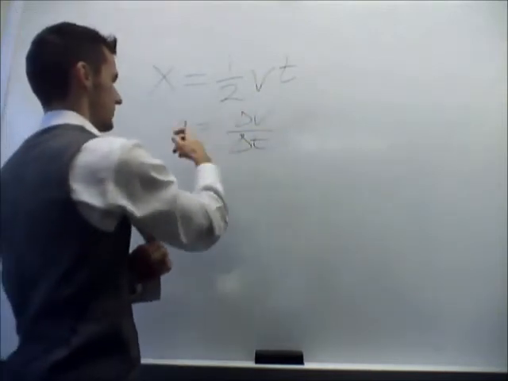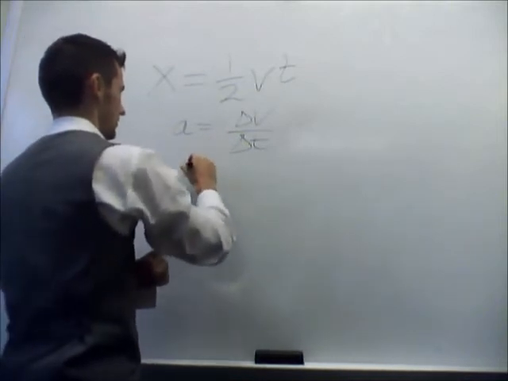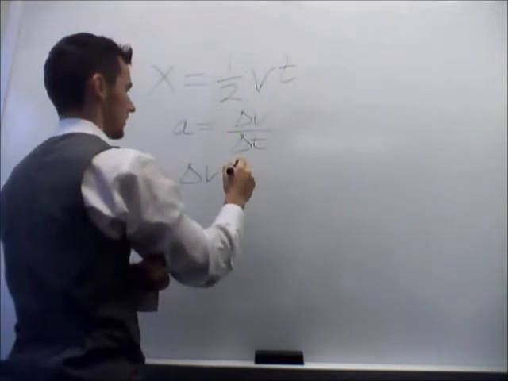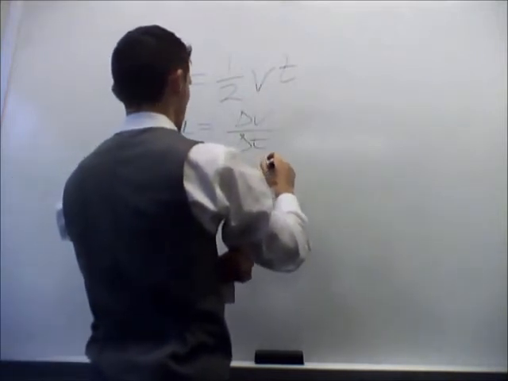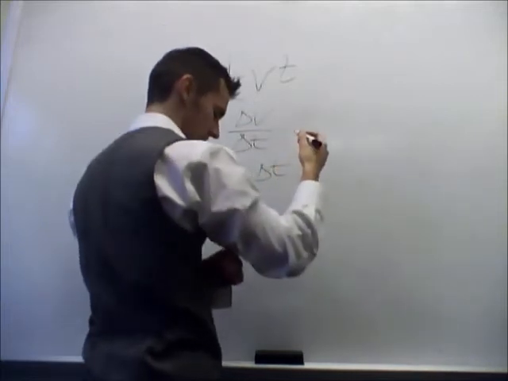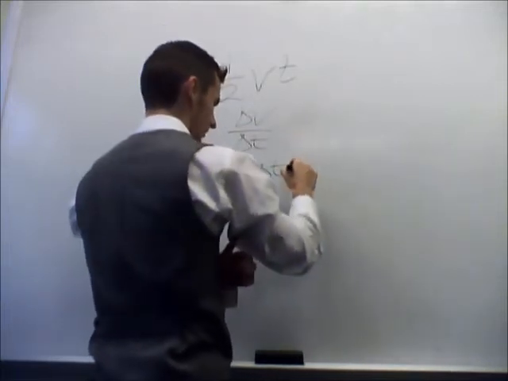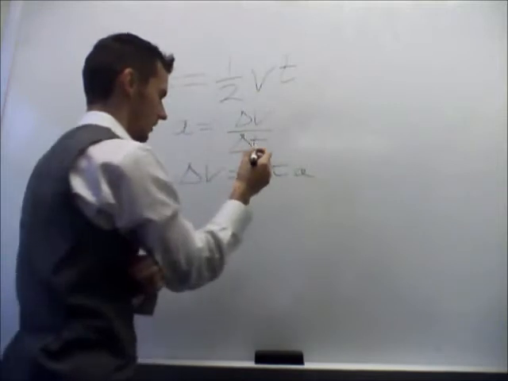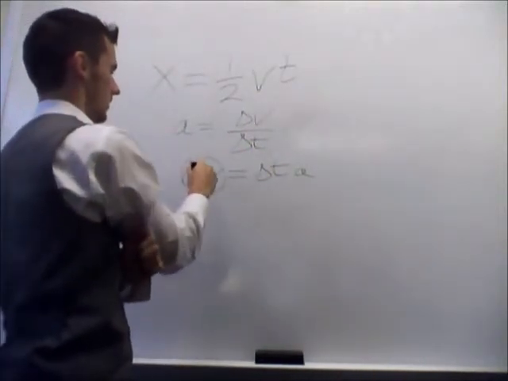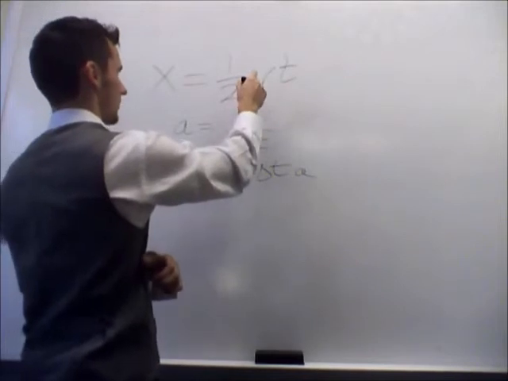If we first manipulate the equation here, it'll be change in v equals change in t multiplied by a, and then we plug this v into that v.